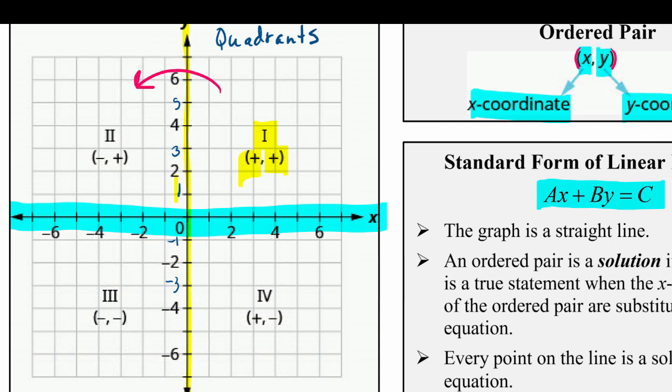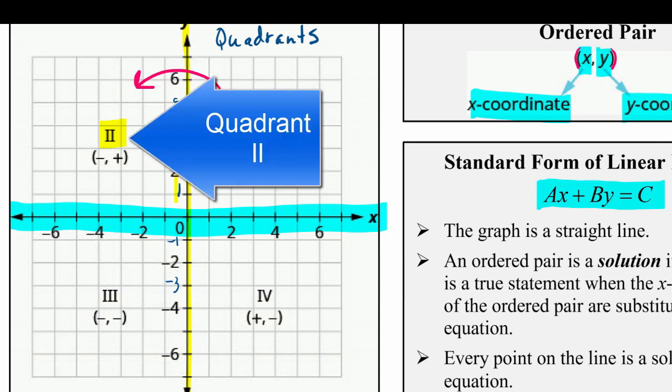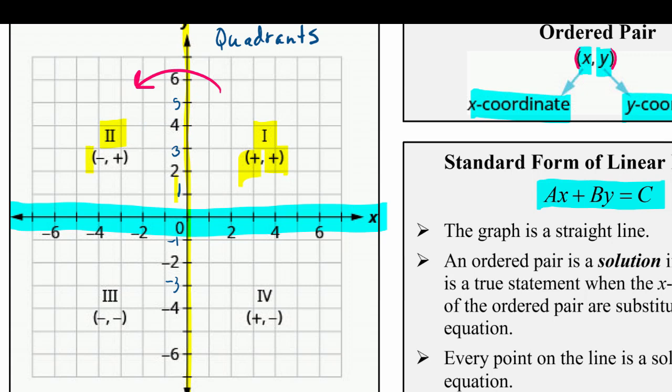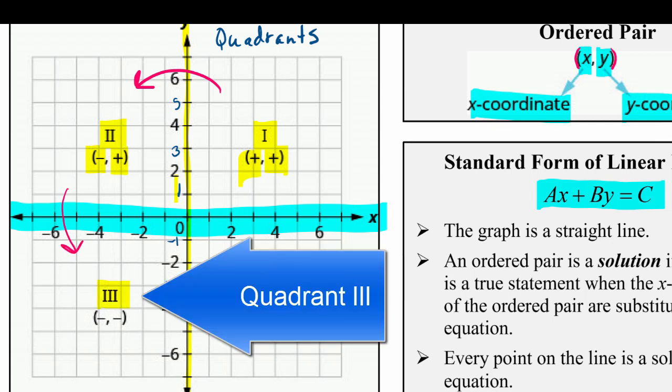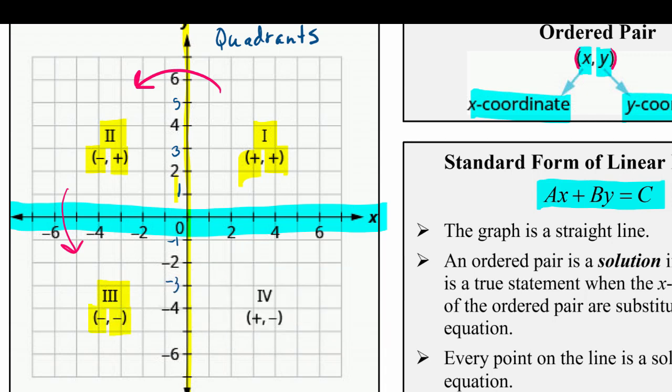So now we go on to quadrant number 2, Roman numeral 2, and this is where we're going to house all of the points where our x-coordinate is negative but our y-coordinate is positive. Continuing counterclockwise, we arrive at quadrant number 3 in this lower left-hand corner, and this is the quadrant where all the ordered pairs have a negative x-coordinate and a negative y-coordinate.